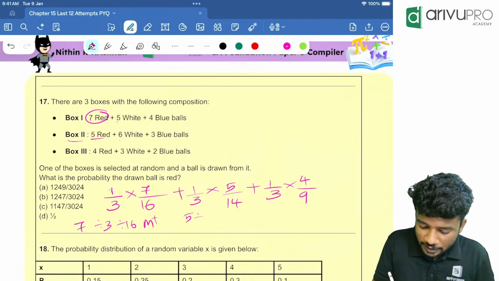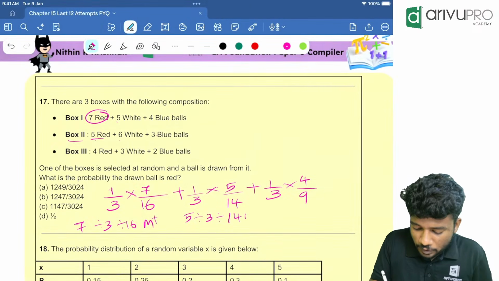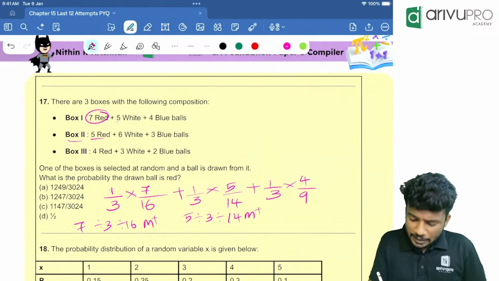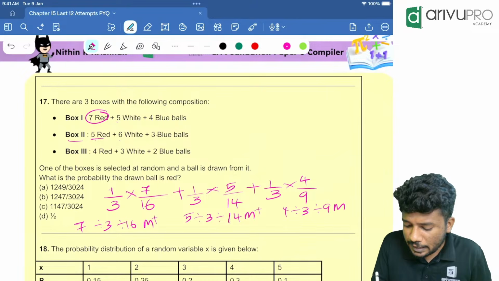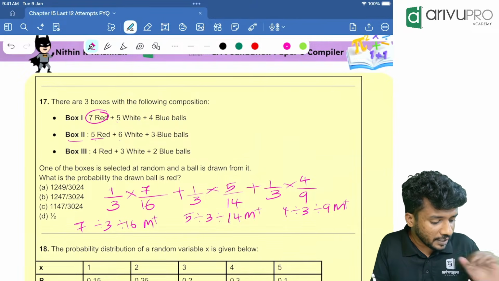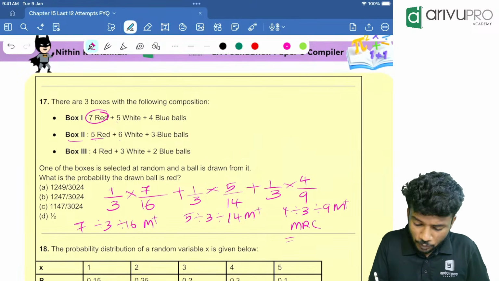Then 5 divided by 3 divided by 14, click M plus. Then 4 divided by 3 divided by 9, click M plus. Finally click MRC. So you are getting it as how much now?